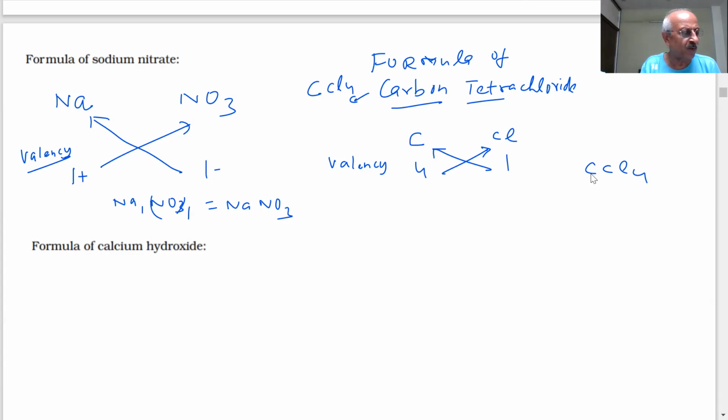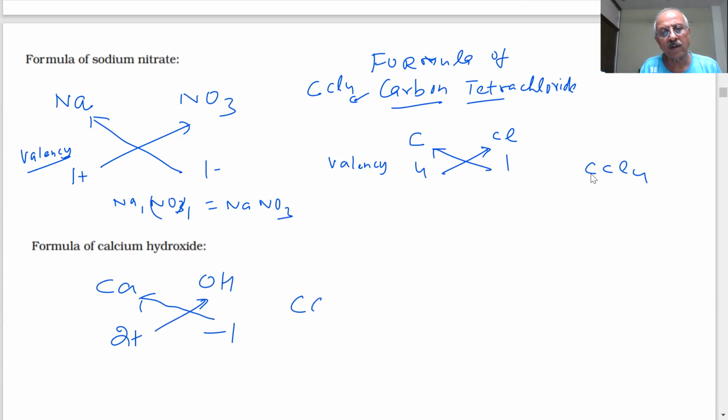Calcium hydroxide, students. Calcium, and what is the formula of hydroxide? OH. What is the valency of calcium? 2, plus hydroxide -1. Then what will happen? Crisscross.